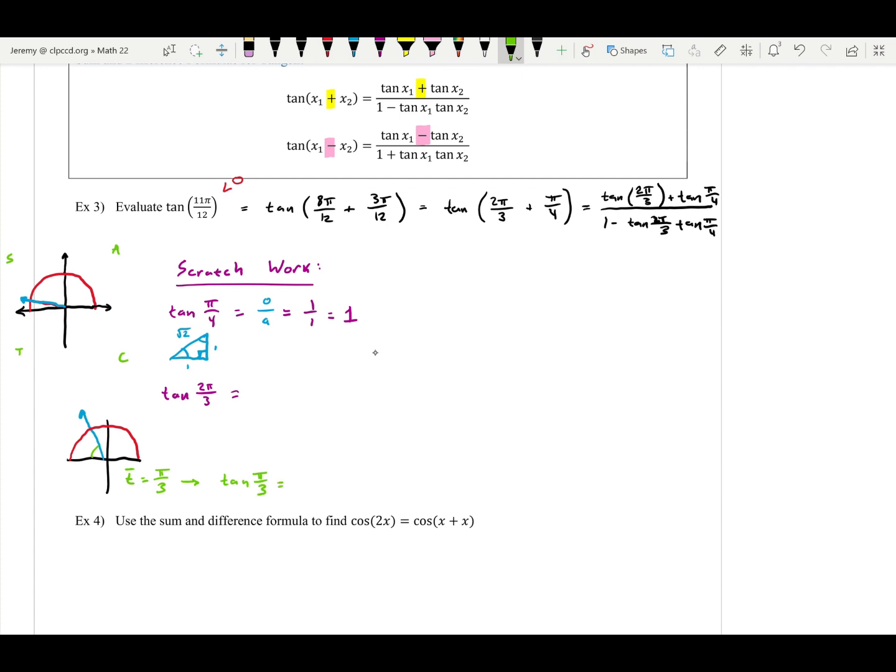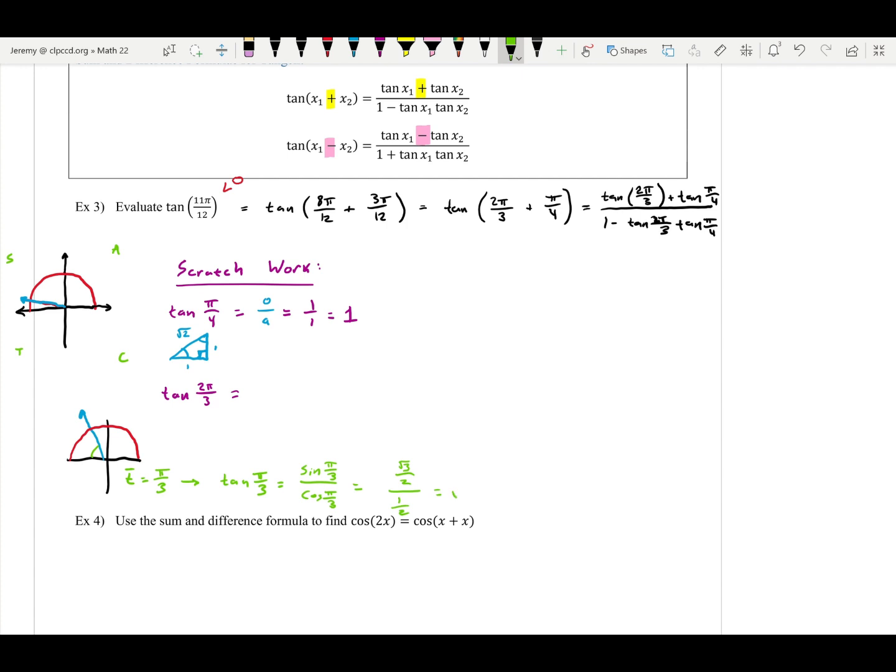We could draw a triangle, or this is just sine of pi over 3 divided by cosine of pi over 3. Sine of pi over 3, thinking about the terminal point on the unit circle, is root 3 over 2. Cosine of pi over 3 is 1 over 2.